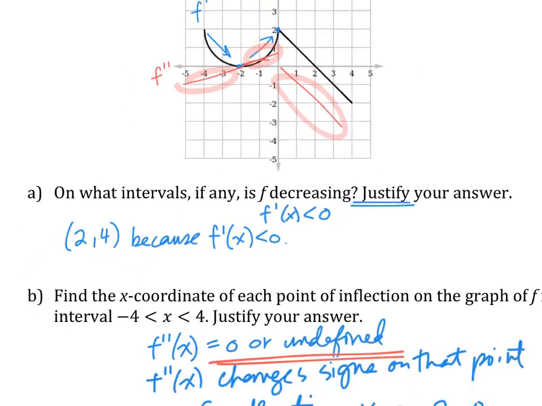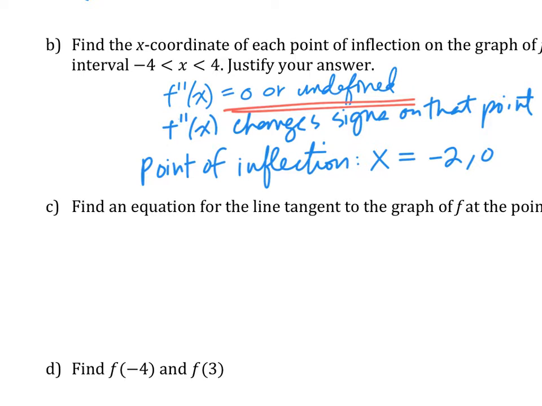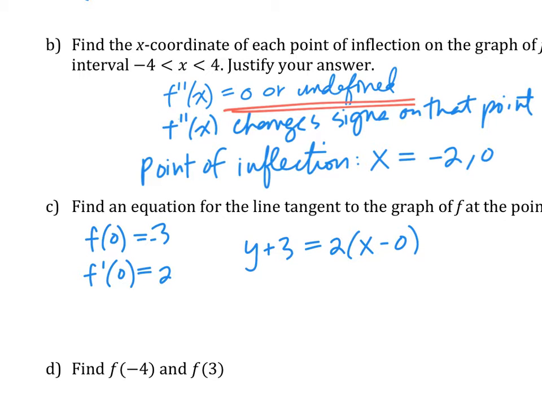We need f of 0 and f prime of 0, right? F of 0, they told us, is -3. F prime of 0, look at the graph, right? The graph is the slope graph, so that's 2. So then y minus -3 is equal to 2 times x minus 0, so that's it.